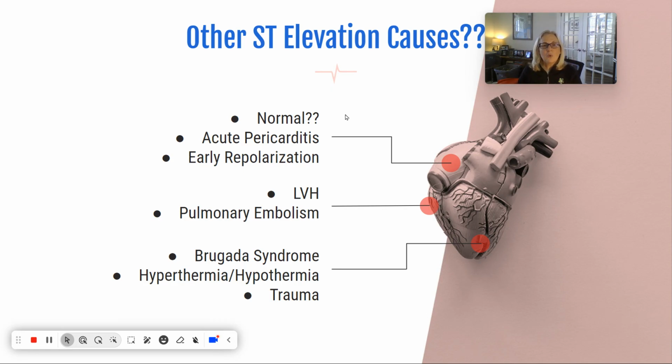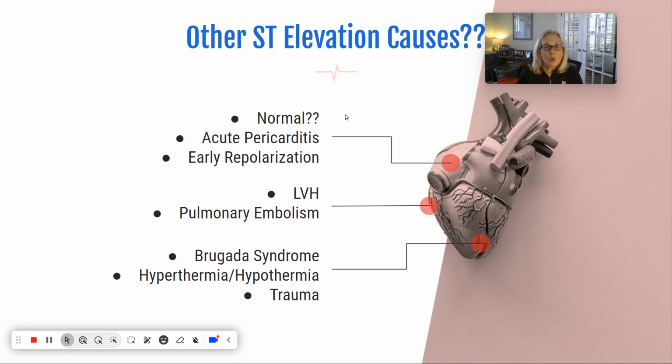Something called acute pericarditis. So, as you know, the pericardium is that outer layer of the heart. It's kind of like a sac that surrounds it and protects it. Itis is inflammation, so that's an inflammation of the pericardium. So it's kind of like an infection. Something called early repole. So we know that the T wave represents the ventricles repolarizing, right?